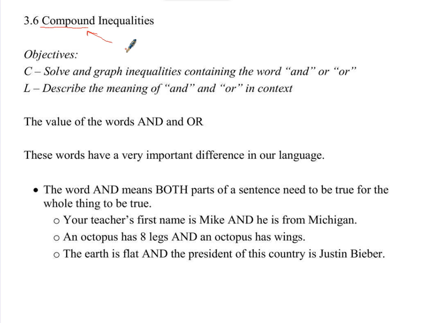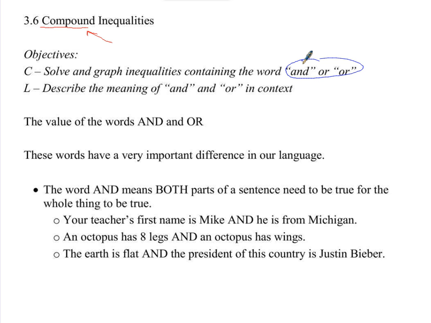And the way that we're going to have more than one inequality in a problem is by using these words, and, or. And and or are used in math very similarly to the way that they're used in English. So we're going to learn how they're used in English first, and then we'll relate that to how it's used in math.